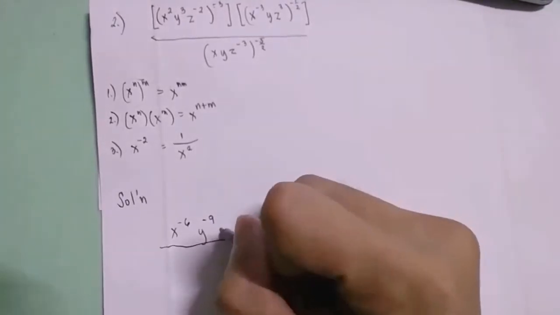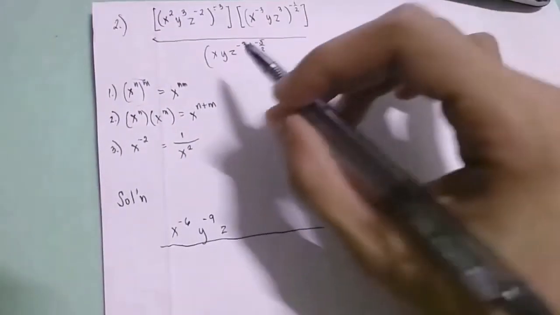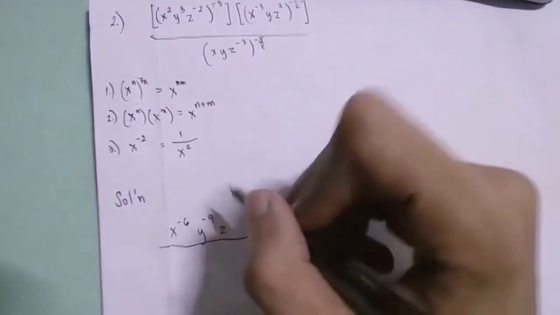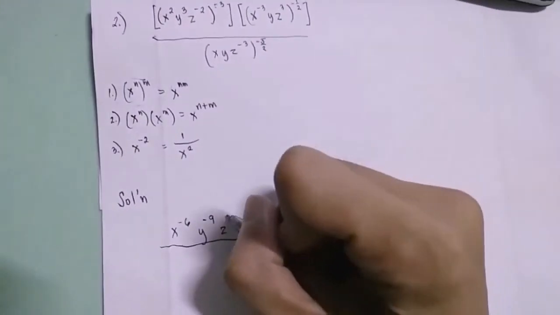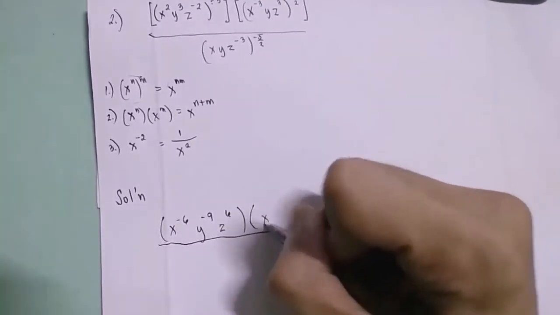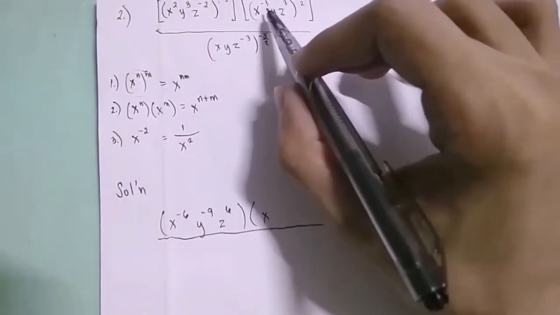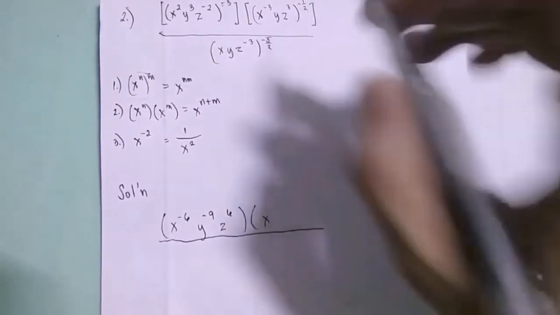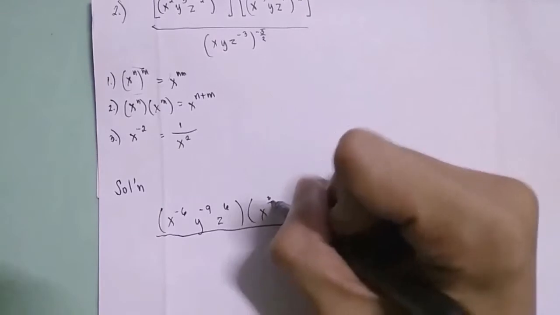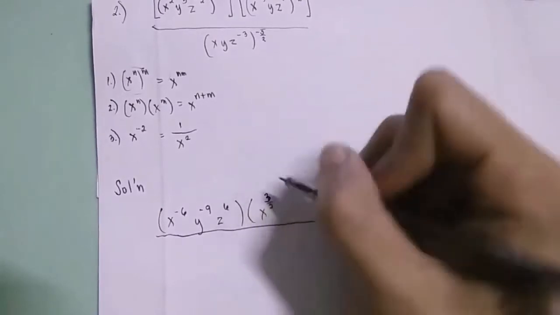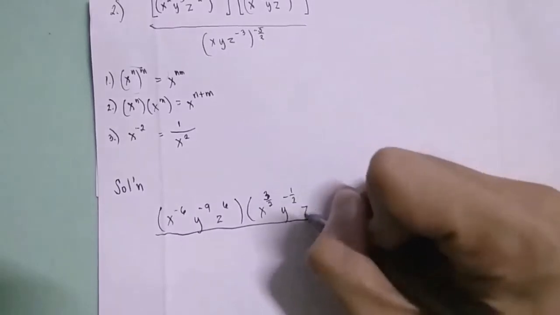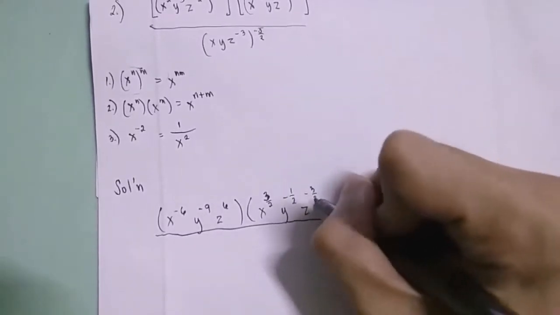And then z, multiplying negative times negative, the outcome is positive, so positive 6. x raised to negative 3 multiplied by negative 1 half, positive 3 halves. y is to negative 1 half, and z is to negative 3 halves.